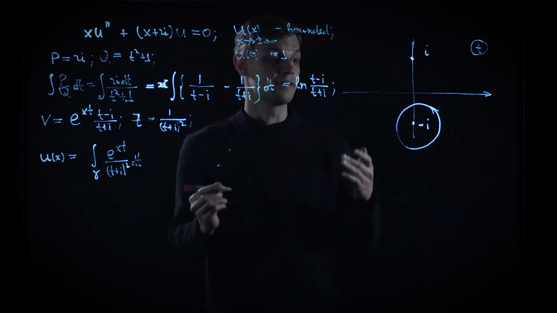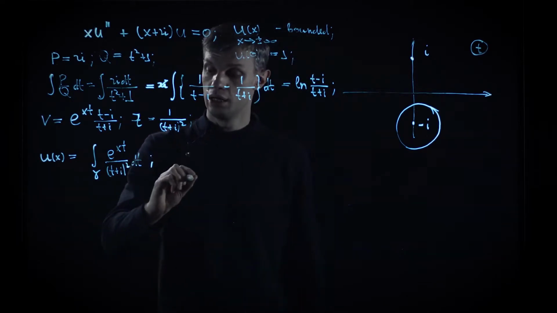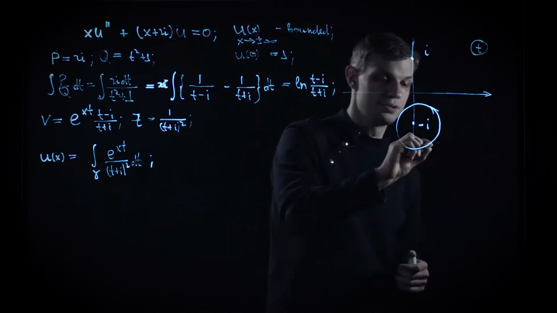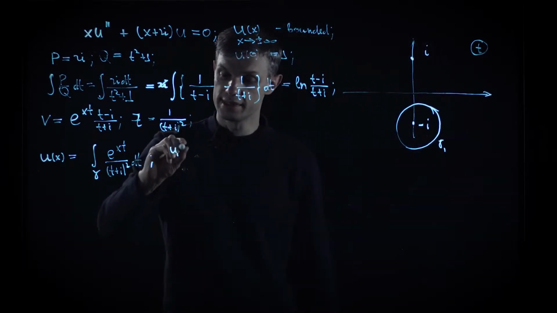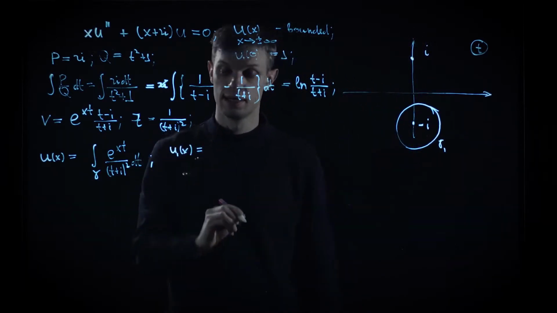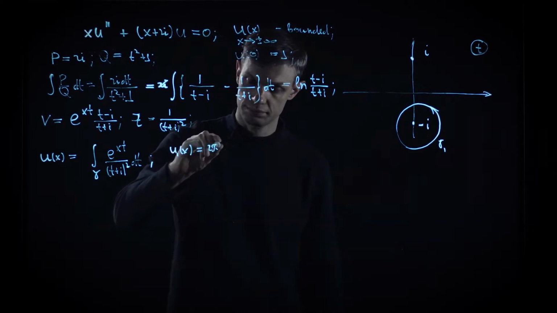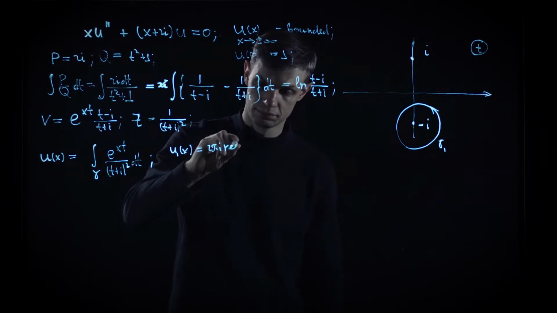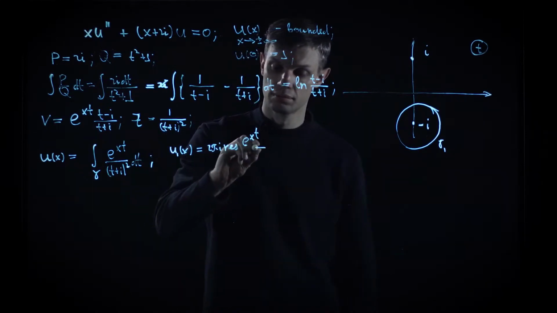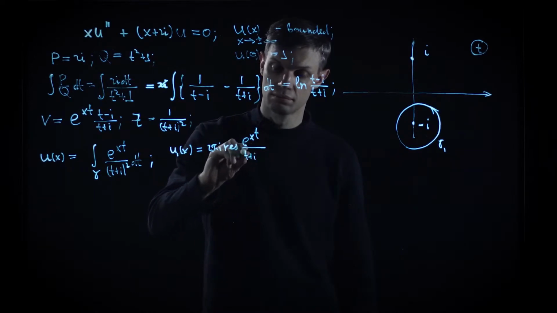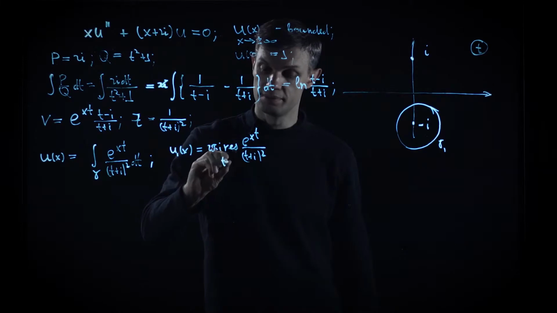And immediately we find the exact solution. Here we go. So let's call this contour gamma 1. And u1 of x is simply equal to the residue of the integrand at the point t equals negative i.